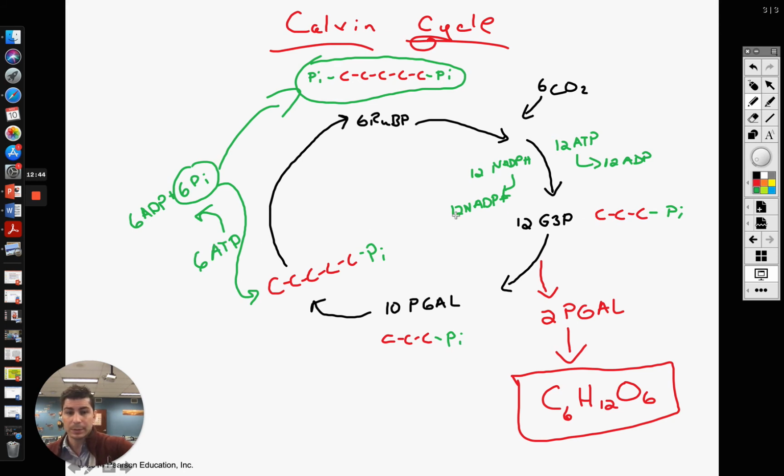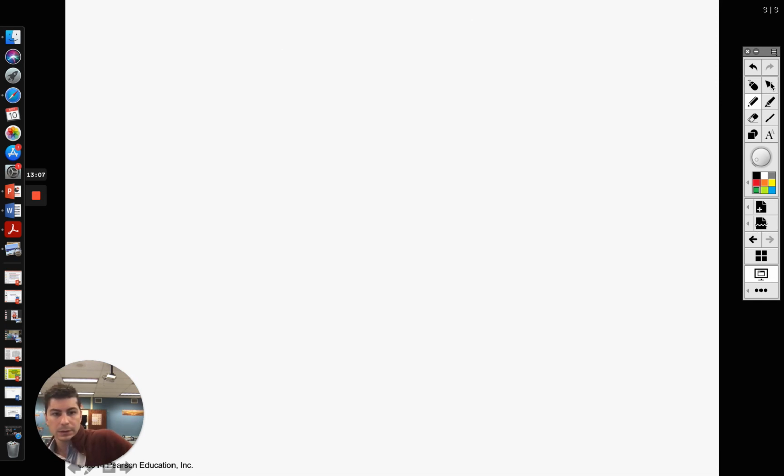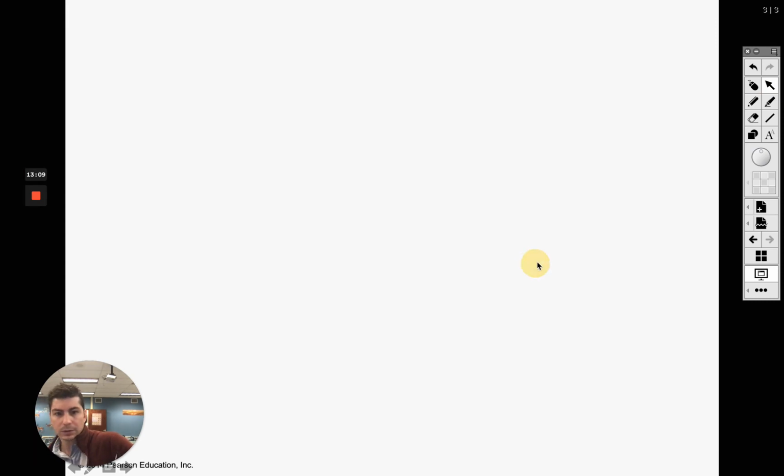I'm using it on both sides here, and I'm using all my NADPH from the photosystems. But I'm getting my glucose out of it, and that glucose can go to the mitochondria and form a whole heck more of ATP than we just show here. All right? So there is your Kelvin cycle.